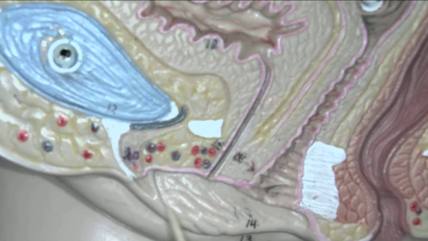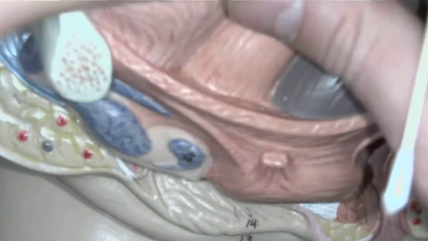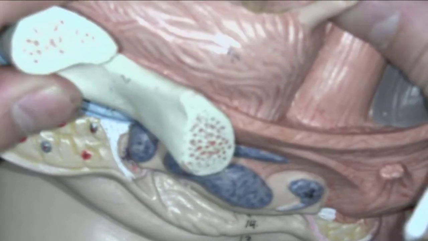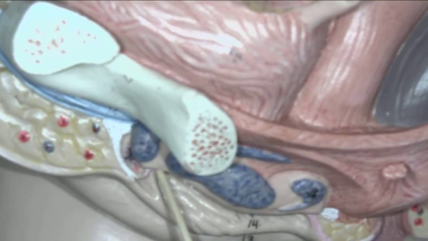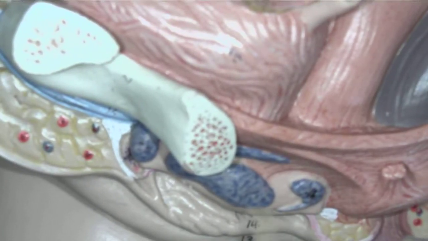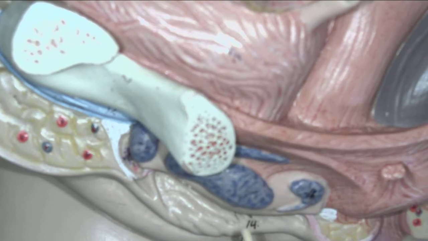It's the space between the labia minora and labia majora, and they have a variety of functions: secreting mucus for intercourse, secreting acidic secretions for immune protection, protecting the vaginal orifice. But the labia majora create a covering or a hood over this structure right here, and this is what's known as the clitoris.